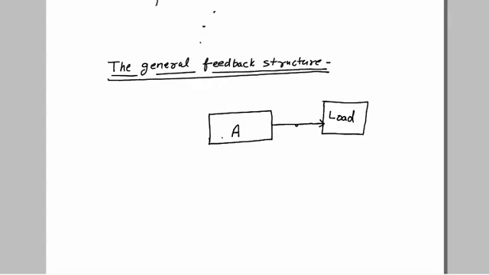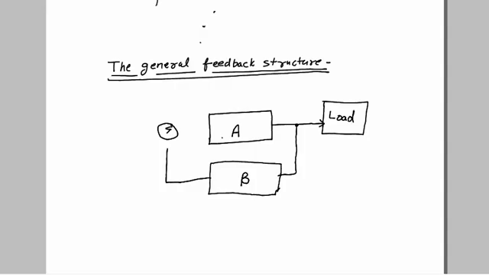Now here we will sample the output and, through a feedback network which has a feedback factor beta, we will mix the feedback signal with the source.